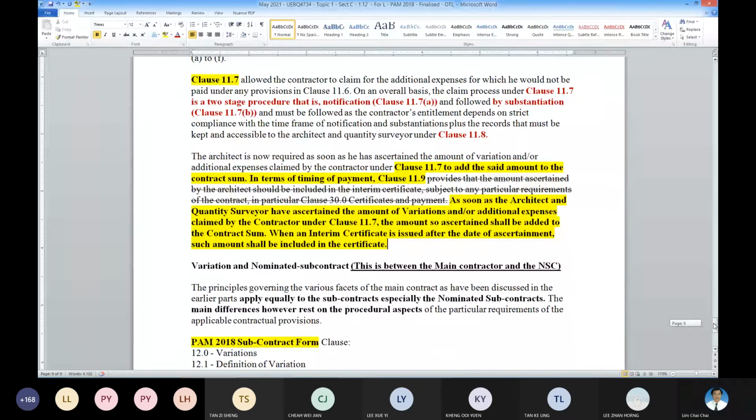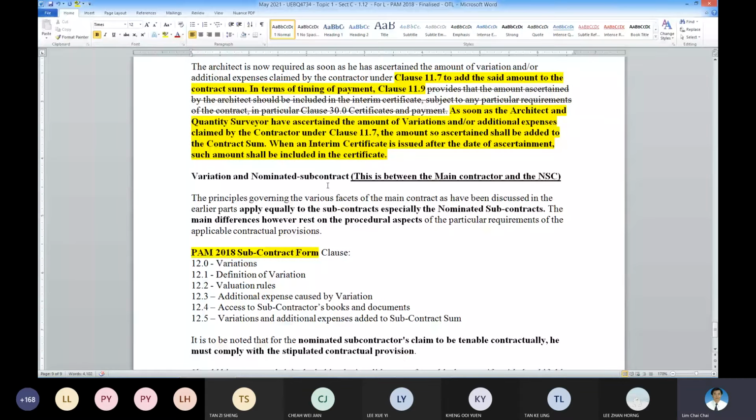How about the NSCs? It's the same process as the main contractor. NSCs need to submit all their documents to the main contractor. That is the only difference, because NSCs cannot submit their claim directly to the architect for payment processing. No, it must go through the main contractor.